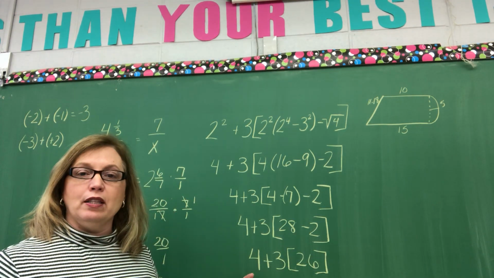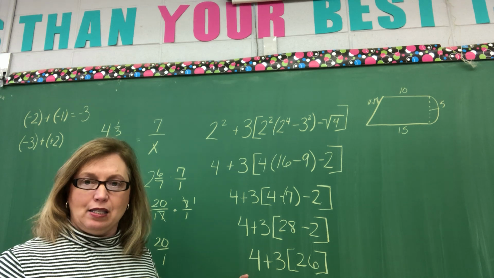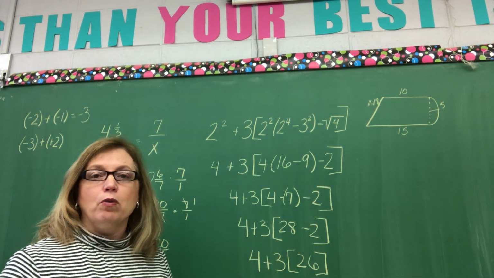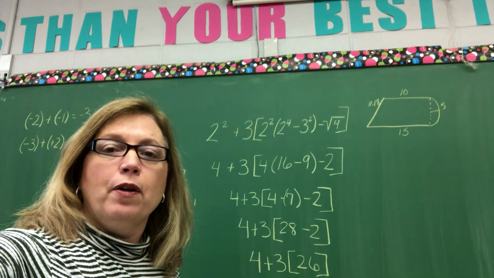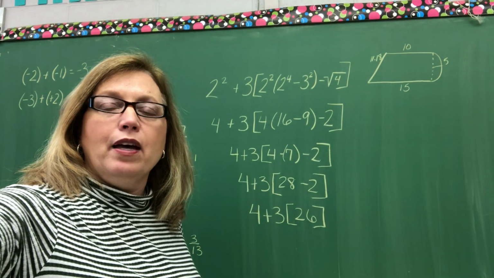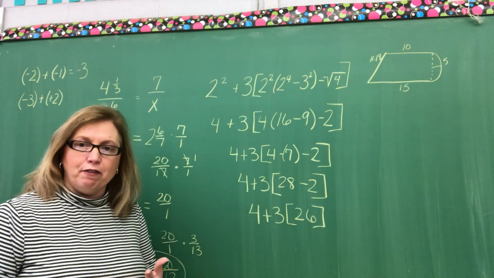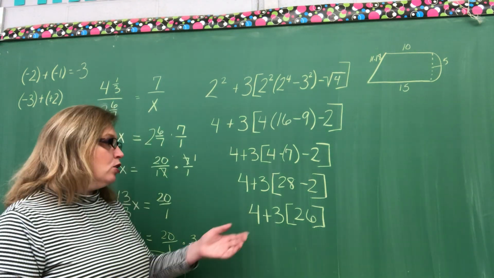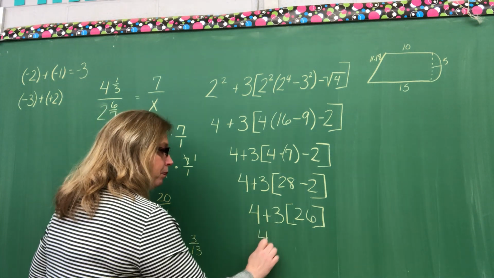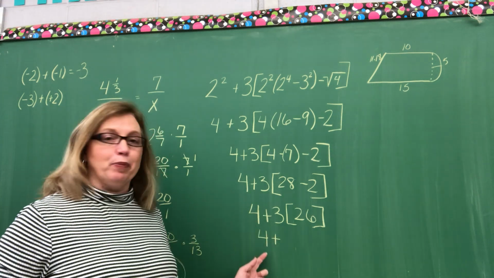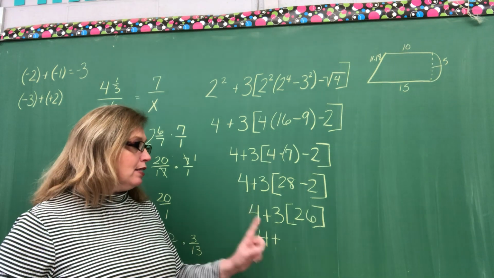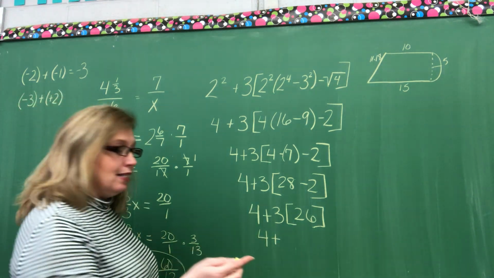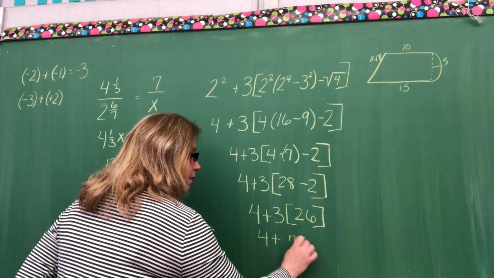Now, we have to look at this and say, which process do I do first? Do I add or do I multiply? Well, we know that we do our powers and our parentheses, then we do multiply and divide from left to right, then add and subtract left to right. So I go to my problem and I'm just going to bring down the 4, but I'm going to say 3 times 26, and I'm going to get 78.